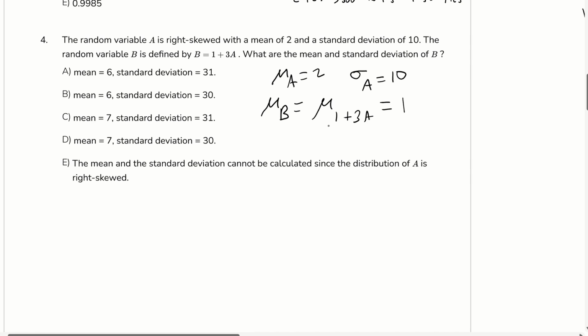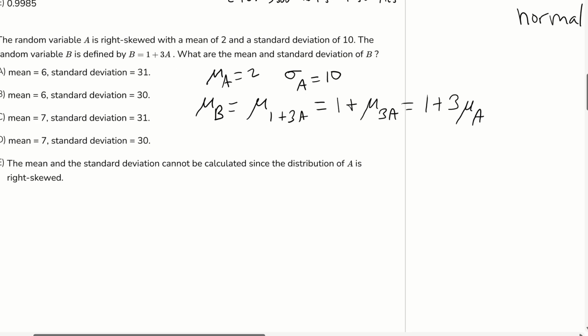So it's going to be 1 plus the mean of 3A. But then what's the mean of 3A? If you're multiplying everything in A by 3, then the mean is multiplied by 3. So it's 1 plus 3 mu A, okay?